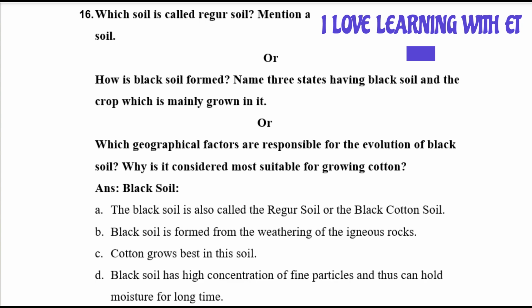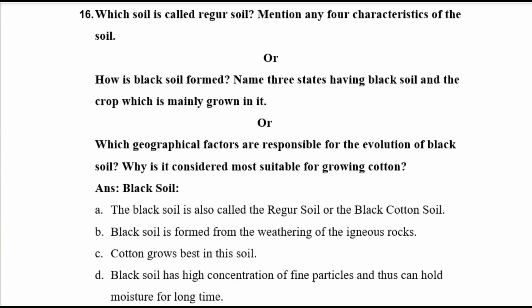Answer. A. Black soil is also called the regur soil or the black cotton soil. B. Black soil is formed from the weathering of the igneous rocks. C. Cotton grows best in this soil. D. Black soil has high concentration of fine particles and thus can hold moisture for a long time.